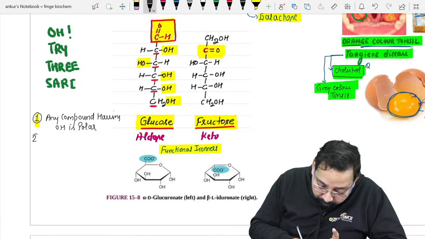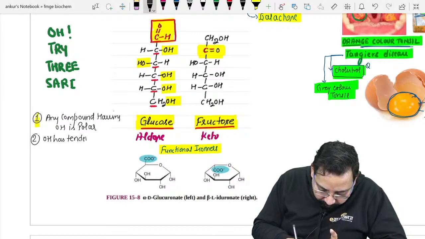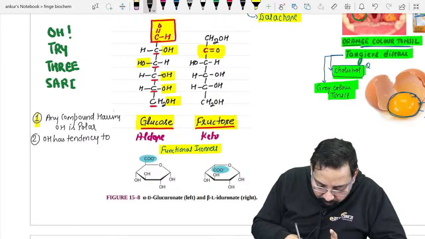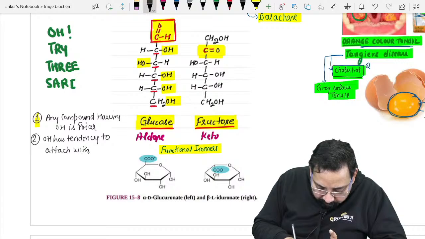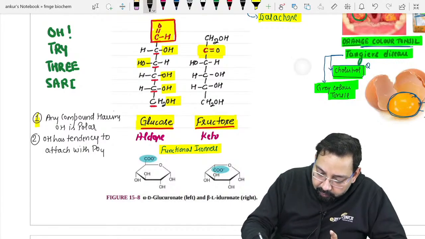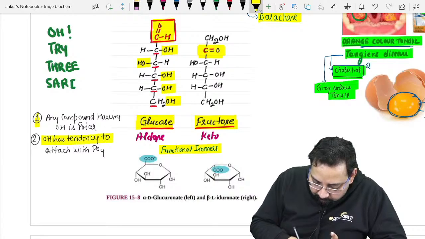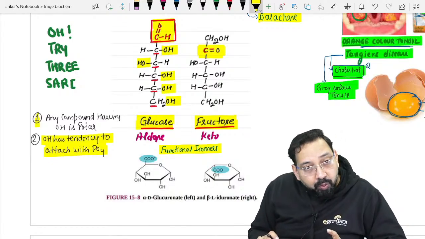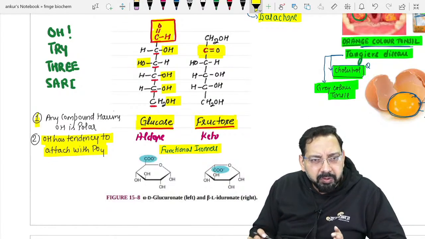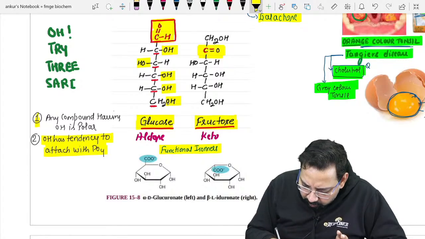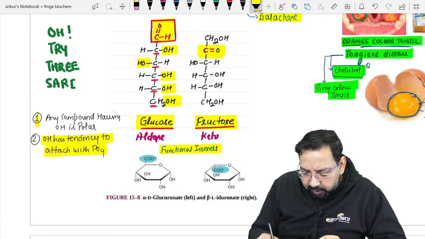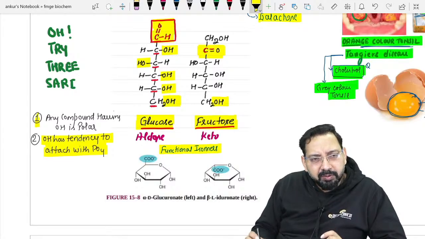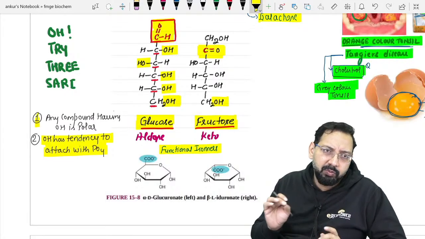Wherever you find OH, the OH group has a tendency to attach with phosphate. So you all know glucose 6-phosphate and fructose 6-phosphate are quite common, because glucose has the 6-OH and fructose has OH, meaning wherever OH is there it can attach to phosphate.